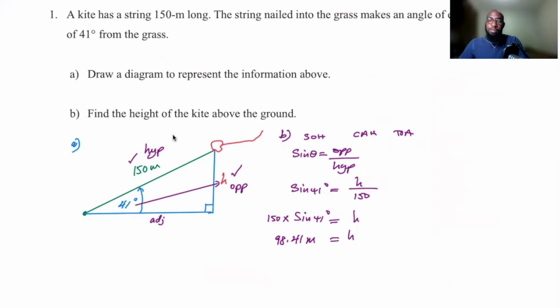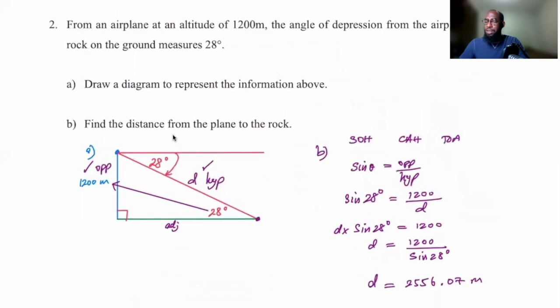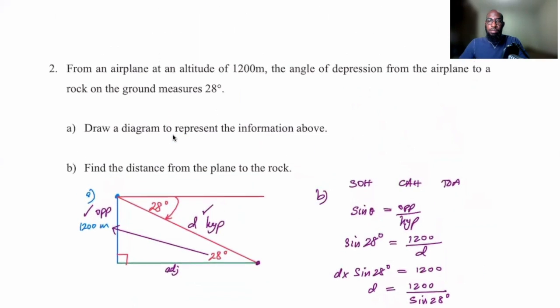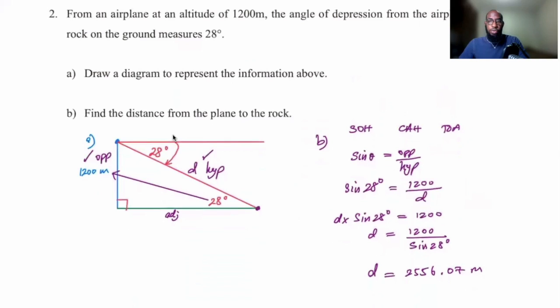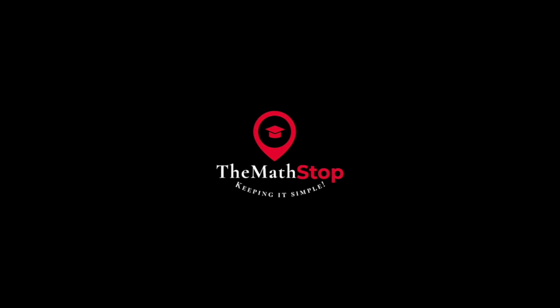So they didn't give you a specification. If they didn't give you a specification, then you can choose whether you want to put it to the nearest meter, two decimal places, or three significant figures. You can choose something that is easy for you to do. So that's it for angle of elevation and depression.